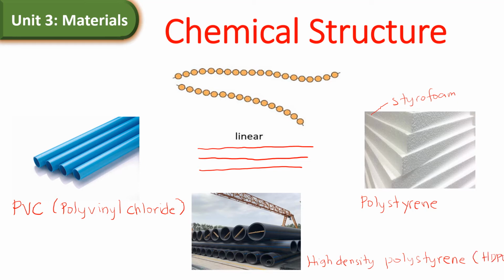This is like a stronger version of your polyester. As you can see, these are commonly found in water pipes or the main pipes that are used to connect or bring water to different houses or different establishments. Okay, so that's all about the linear polymer.